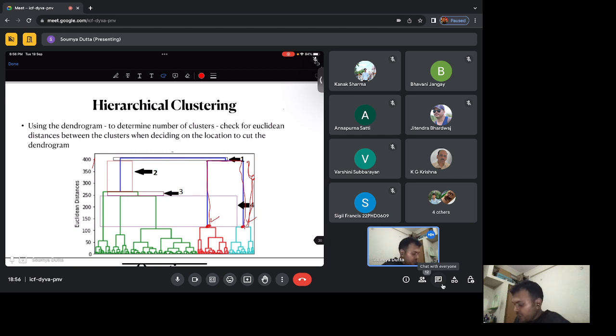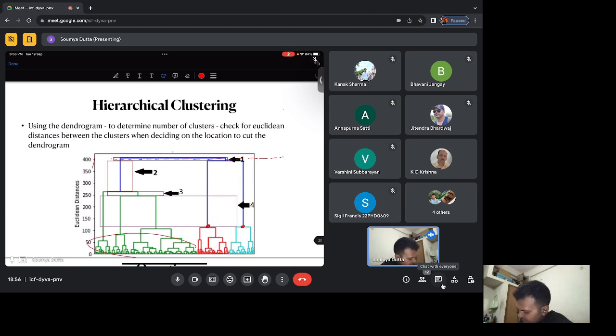Okay, so now that is clear, if I am cutting it within the rectangle of 1, that means I am getting two clusters.